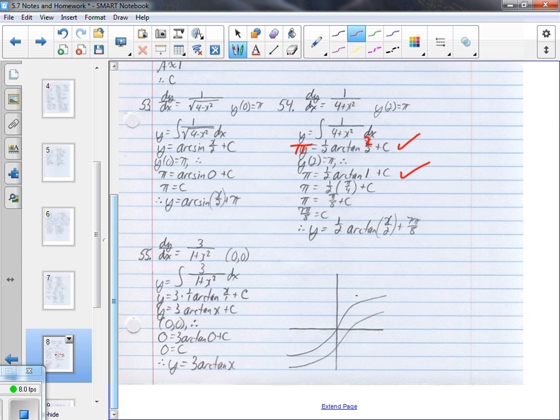So we can get a specific solution or a particular solution instead of a general solution. Arctangent of 1 is pi over 4. So we get pi equals pi over 8 plus c. Subtract pi over 8. And 7 pi over 8 equals c. And that then is our particular solution.